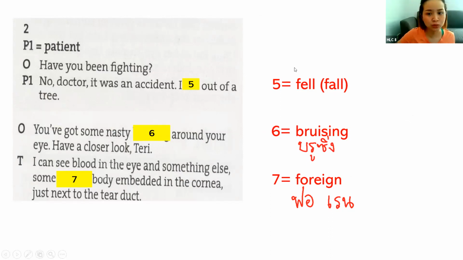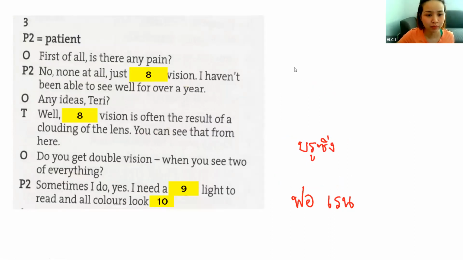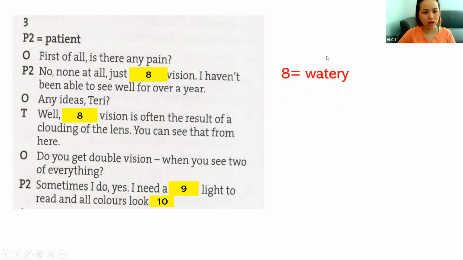Okay, it's time to move on to patient number 3. Number 8. Okay, is there any pain? No, not at all. Just watering. It's actually blurred vision. I'm sorry, the answer is blurred, but maybe I forgot to change it. It's blurred with ed, and when you pronounce it, the ed part becomes d: blurred.